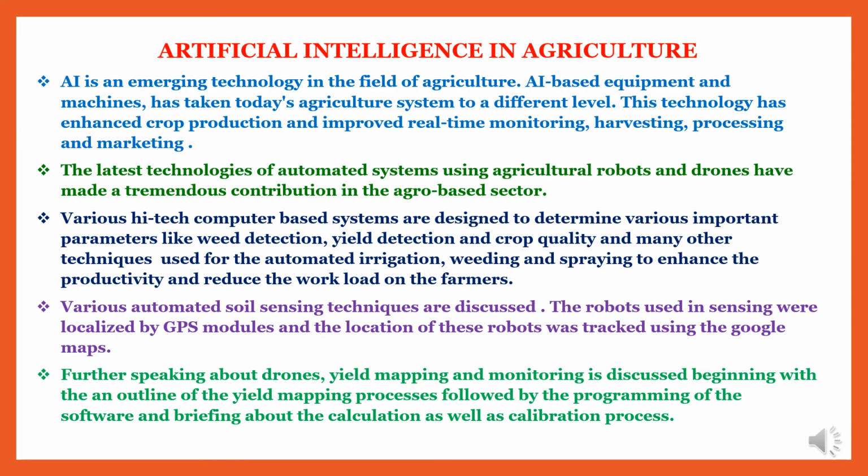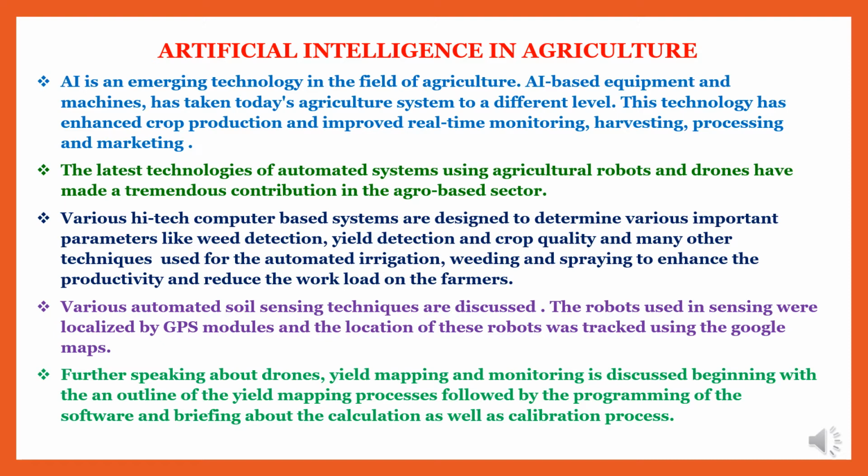Artificial intelligence is an emerging technology in the field of agriculture. AI based equipment and machines have taken today's agriculture system to a different level. This technology has enhanced crop production and improved real-time monitoring, harvesting, processing and marketing. The latest technologies of automated systems using agriculture robots and drones have made a tremendous contribution to the agro-based sector.